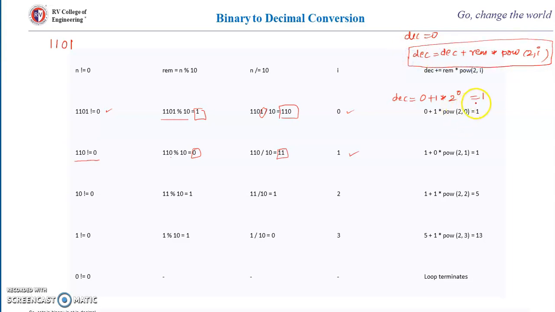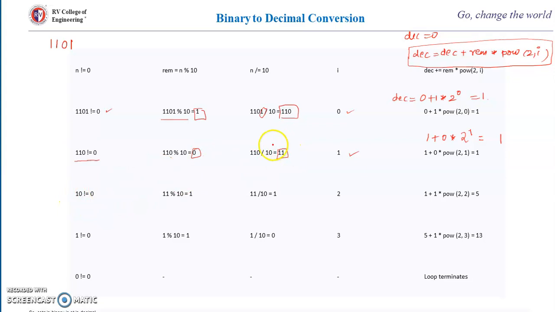Decimal is taken from the last step, 1, plus remainder 0 into 2 to the power 1. This will be 0, so this will be 1 only.